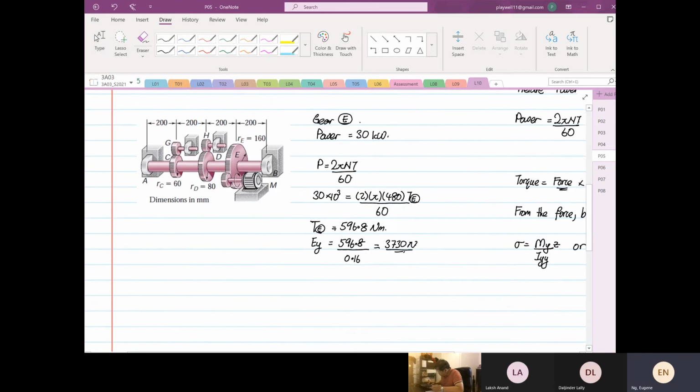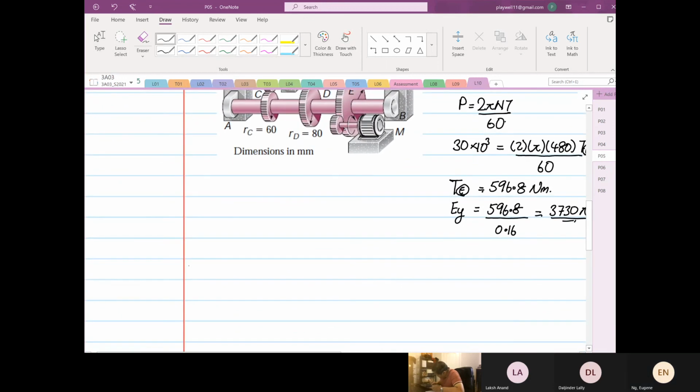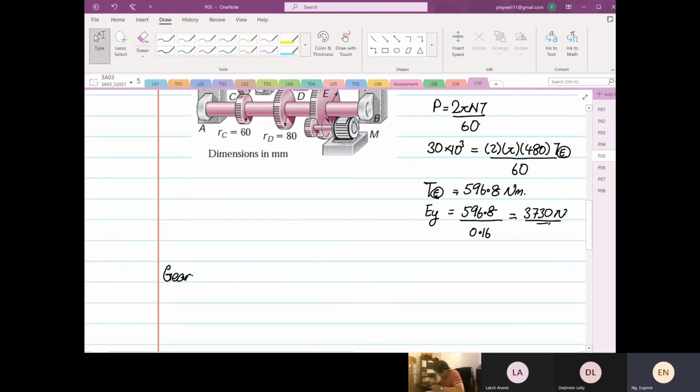Then the next one, we want to find the force at gear D. The power is 10 kilowatt.